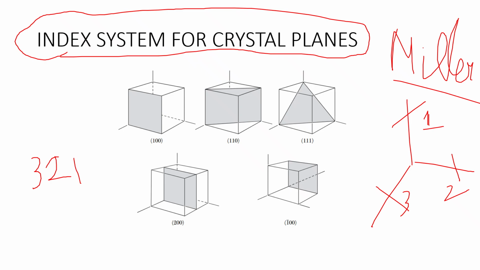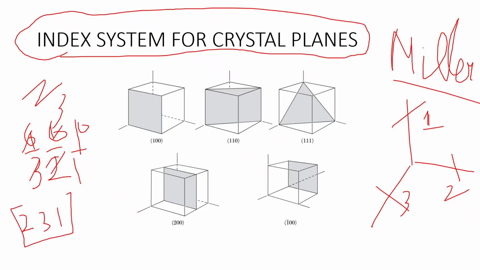Then you take their inverse, so 1 by 3, 1 by 2, and 1 by 1. Then you make this fraction into whole numbers, simply by multiplying with 6. So 3 twos are 6, 2 threes are 6, and 1 becomes 6. So 2, 3, 6 is the Miller indices.